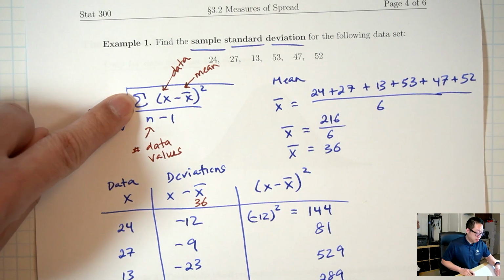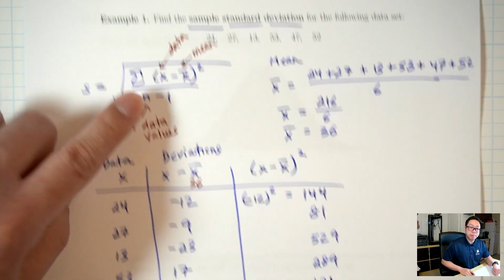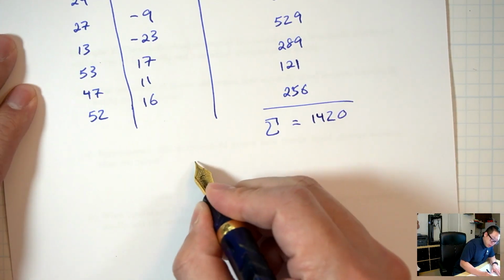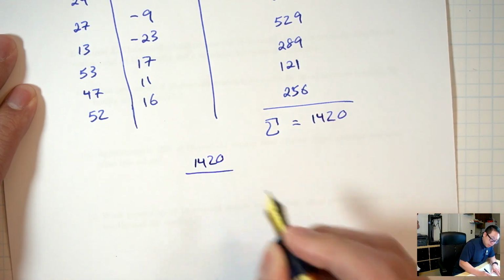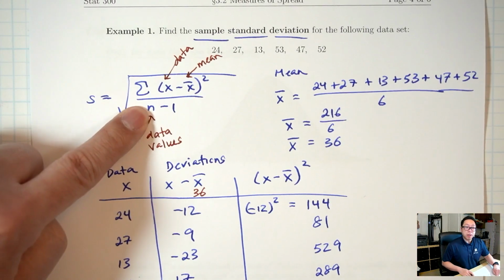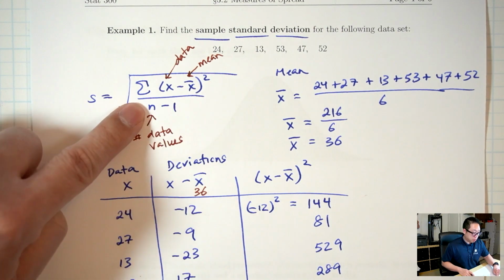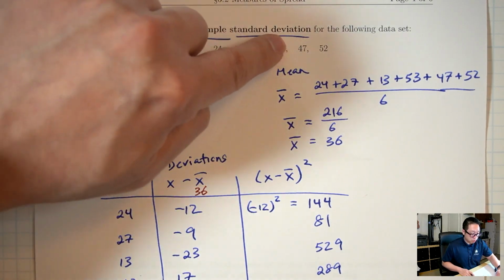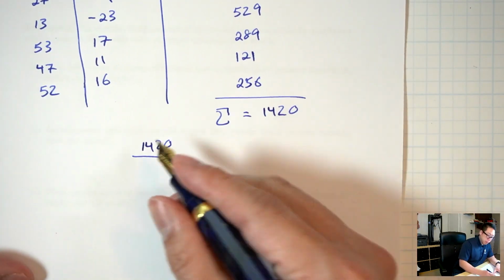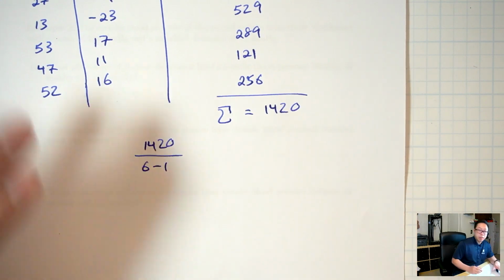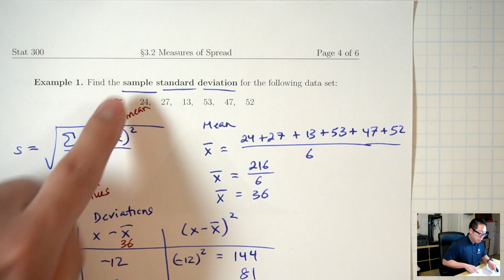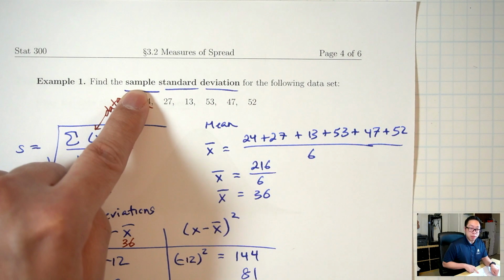Next up, divide that by n minus 1. Okay, so we're going to take 1420 and divide it by the number of data values minus 1. Number of data values is 1, 2, 3, 4, 5, 6. So we're going to divide it by 6 minus 1. Okay, remember, this is the difference between the sample version and the population version.